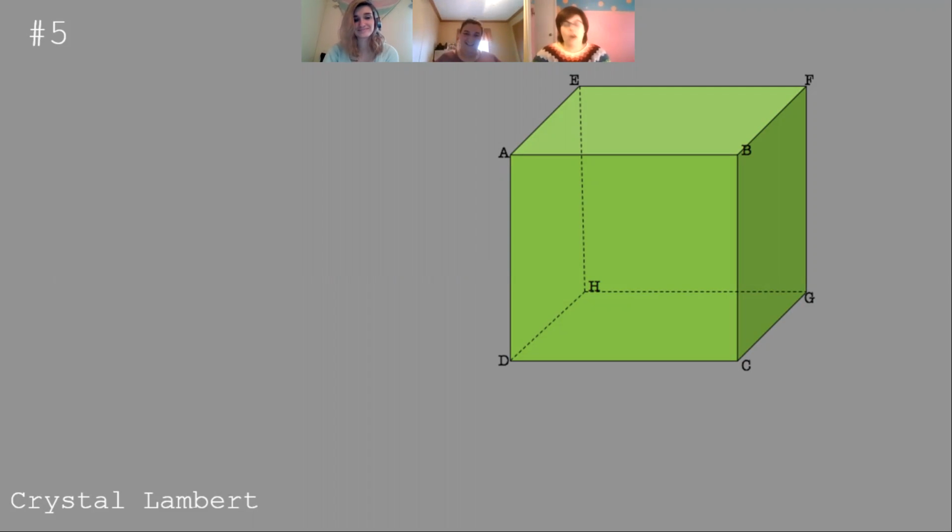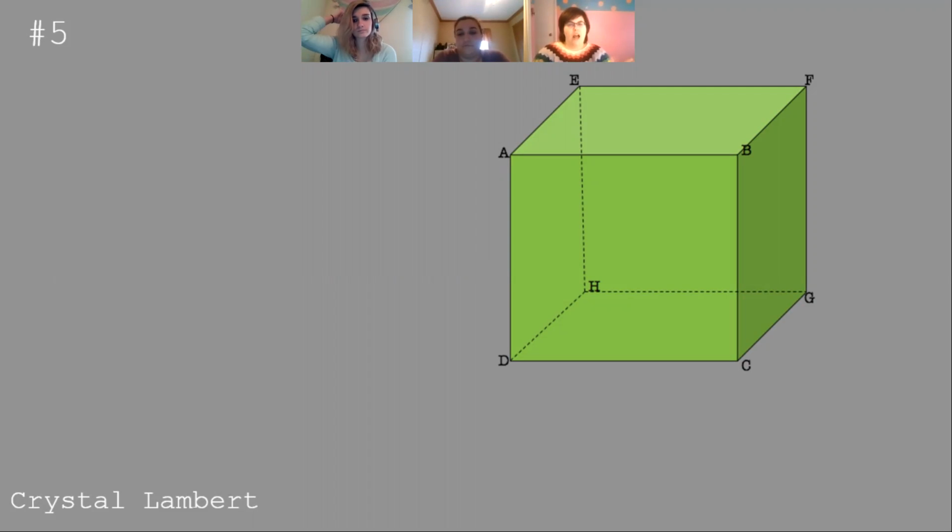So we're going to take a tetrahedron and put it in a cube. What's a cube? When we think of a cube, we can imagine a square, but we're going to take that square and make it 3-dimensional.